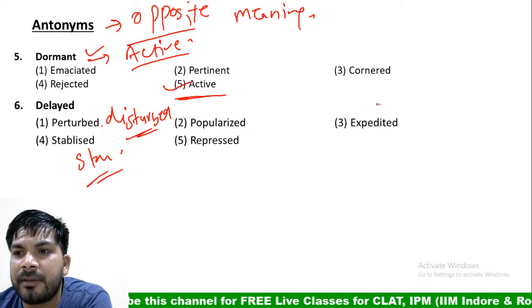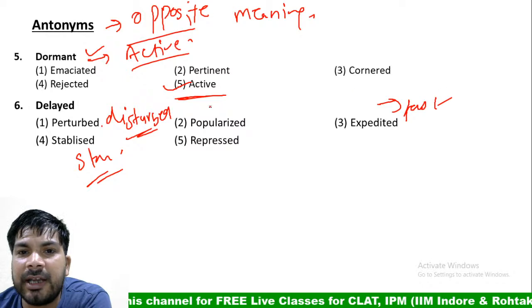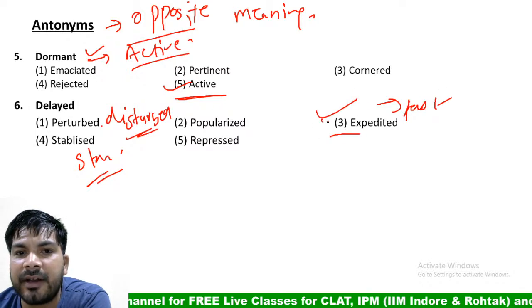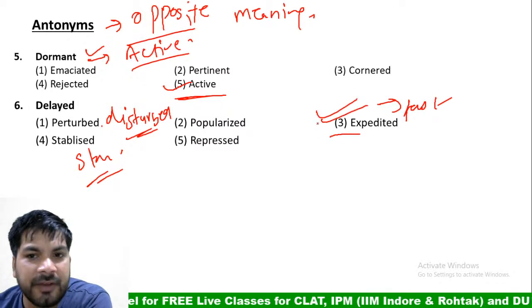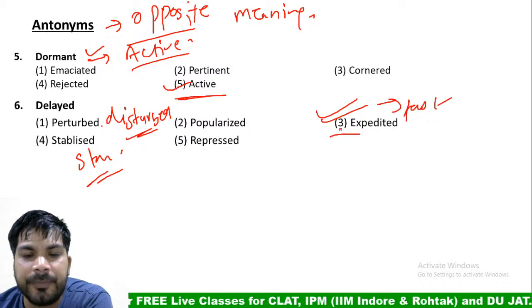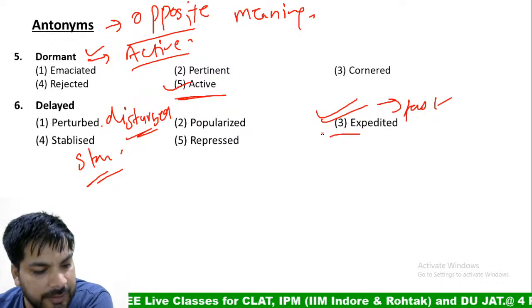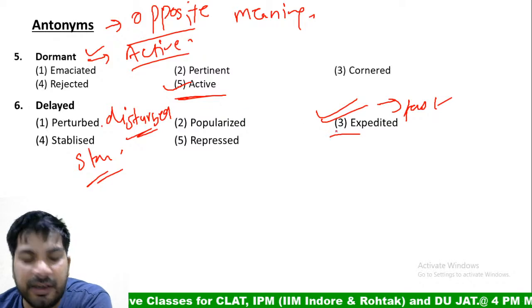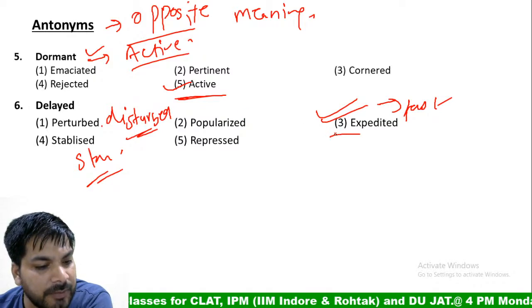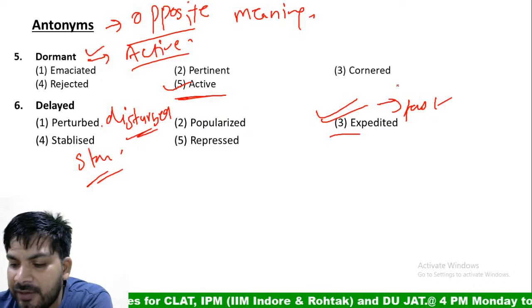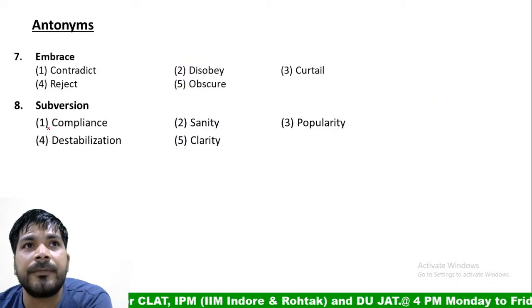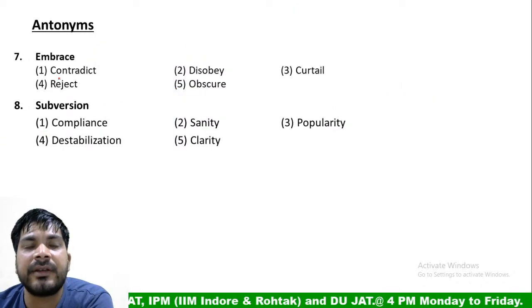Expedited means to make something move fast. So delayed and fast. I think the third is the right answer. For sixth, the correct answer should be expedited. Expedited means making something move fast. All right, ladies and gentlemen. Next, seventh, embrace.